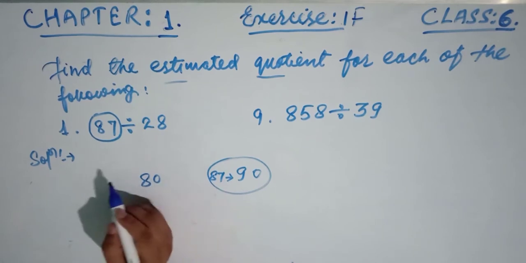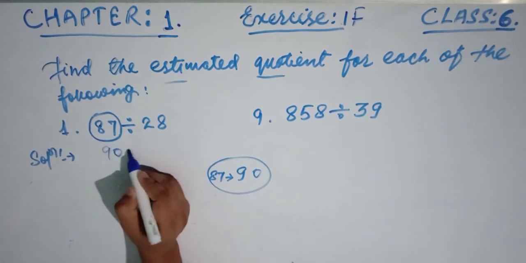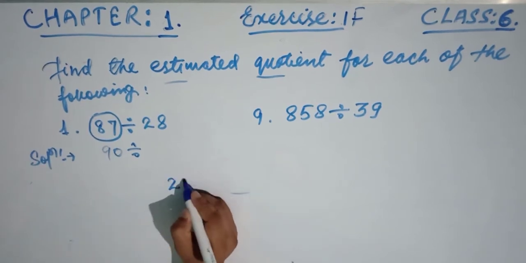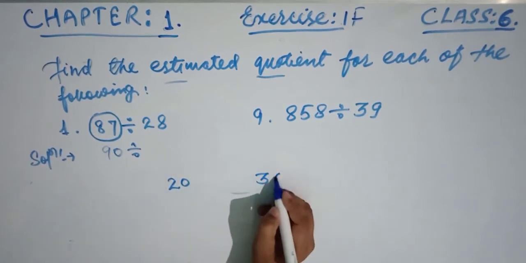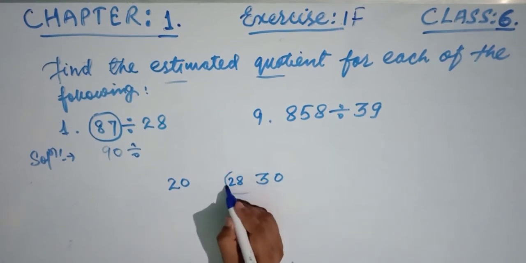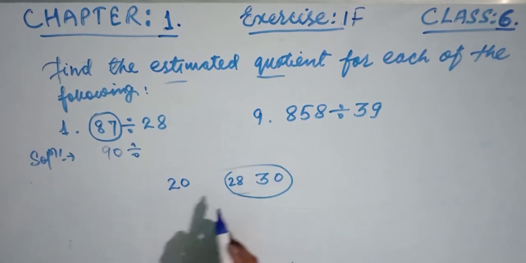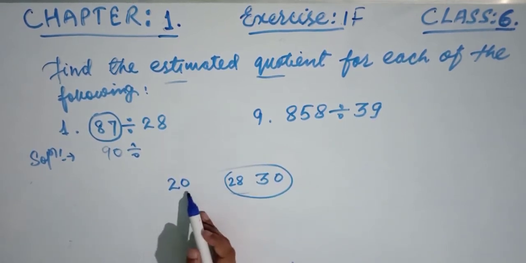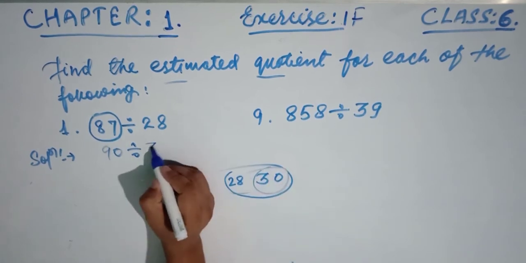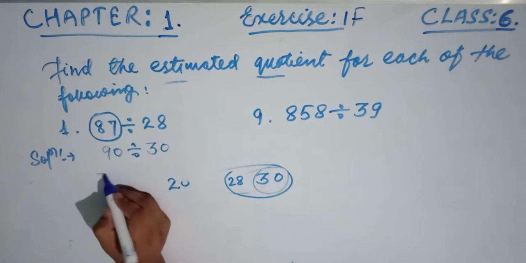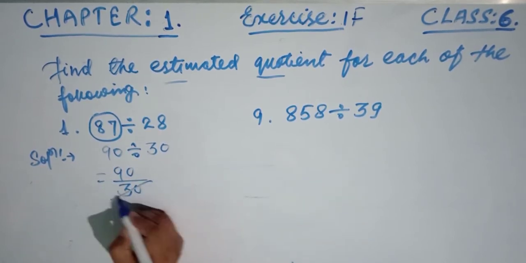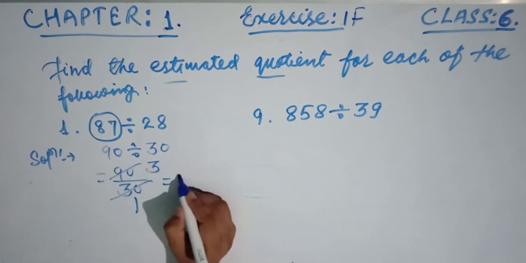So 87 changes to 90, divided by 28. 28 lies in between 20 and 30, and 28 is closer to 30 and very far away from 20. So the estimated value of 28 is 30. Now this can be written as 90 divided by 30. So 3 times 3 is 9, and 3 is your answer, friends.